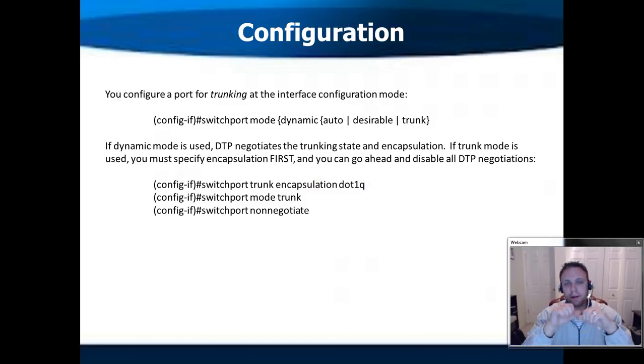If you're using a newer switch with a newer IOS, most likely the only trunk encapsulation you have as an option is .1Q. If that's the case, you will not need to input this first command here, because you only have one option. So when you tell it to trunk, it's natively going to choose .1Q.